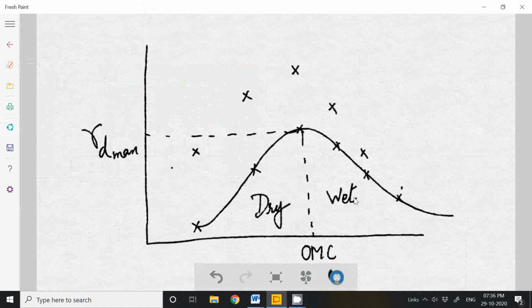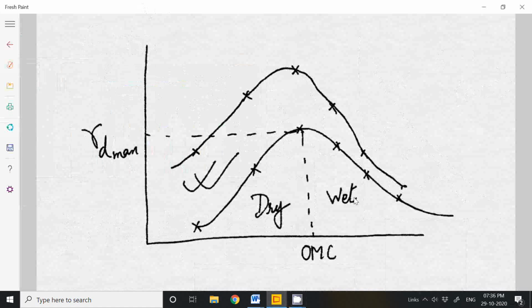So when you join it at a higher compactive effort, you are ultimately getting something like this. That means the increase in the dry unit weight on the dry side is much more than on the wet side.